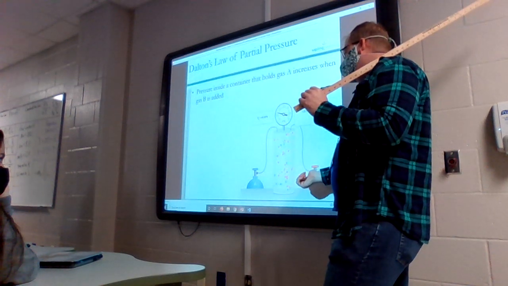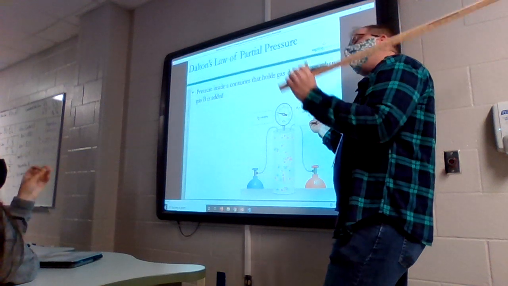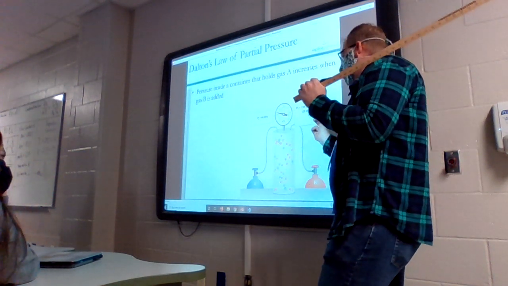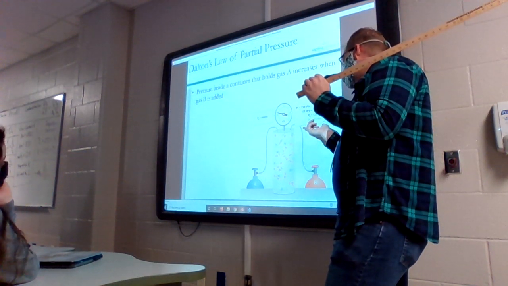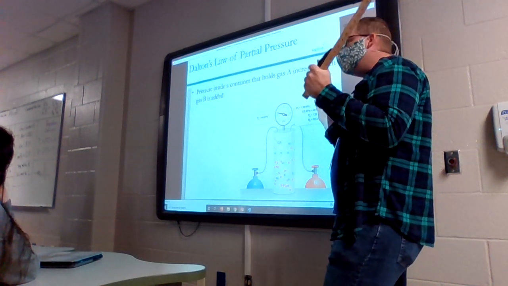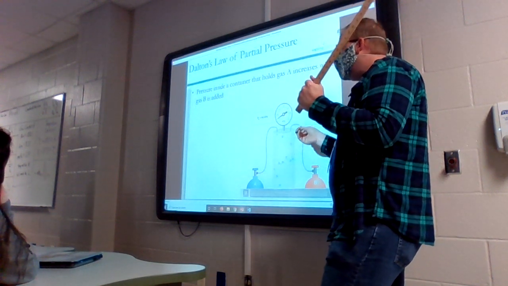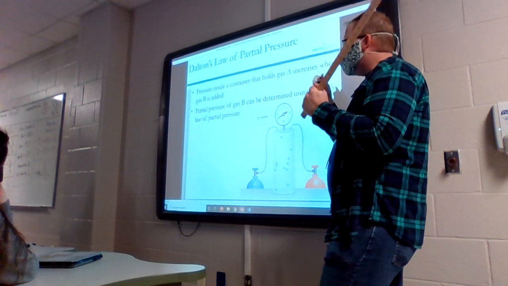So what's the pressure for gas B? I just subtract it. It's 138, which is the total, minus 46, which is gas A. 138 minus 46 is 92 for gas B. So simple math, just addition or subtraction, depending on how the problem is set up. And that's all they're really asking you to do.